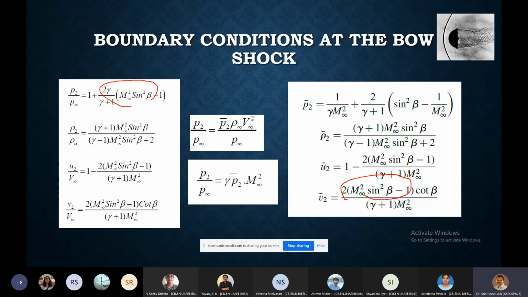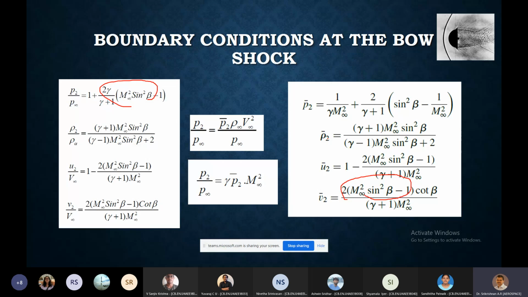When beta is higher, you will have a higher value for sine squared beta. So that wave angle variation has an influence on this parameter, and when sine squared beta is relatively high, M squared sine squared beta tends to be very high.